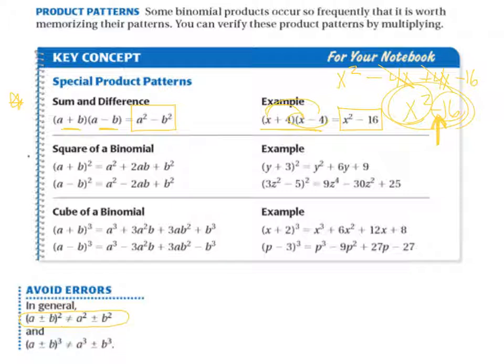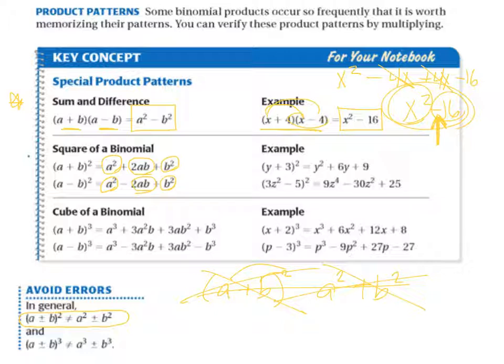common mistake that I could jump out of my skin because I try to tell my students every year, all the time, please, when you see any binomial raised to a power, do not just distribute the power because it doesn't work. It's not a true thing. But I can square the first term, 2 times the first times the last term, and square the last term. Or square the first term minus 2 times the first times the last plus square the last.